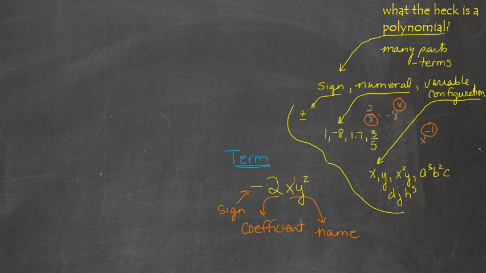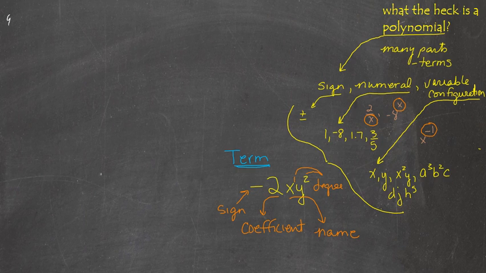So even though we don't write a 1 on the x that's to the first power, it does have a numeric value of 1. And if you take those all together, they're the degree. So this is a third degree because 2, 3, add the powers up, third degree polynomial with the name of xy squared term, a coefficient of 2, and a sign of negative. So we would say the coefficient of -2. So these two can be actually taken together.